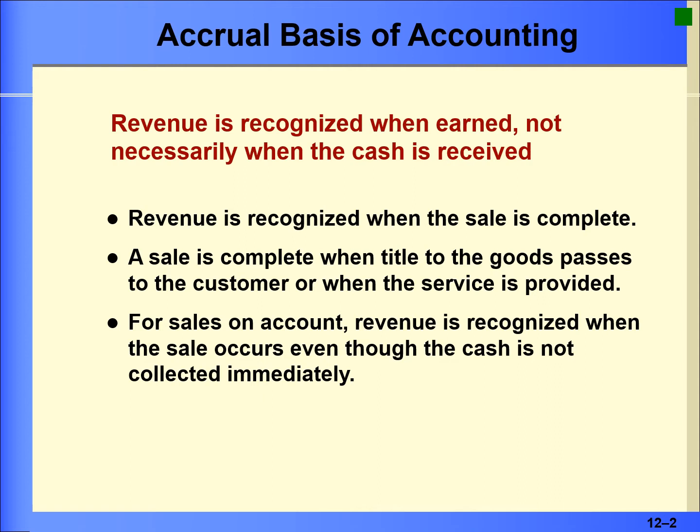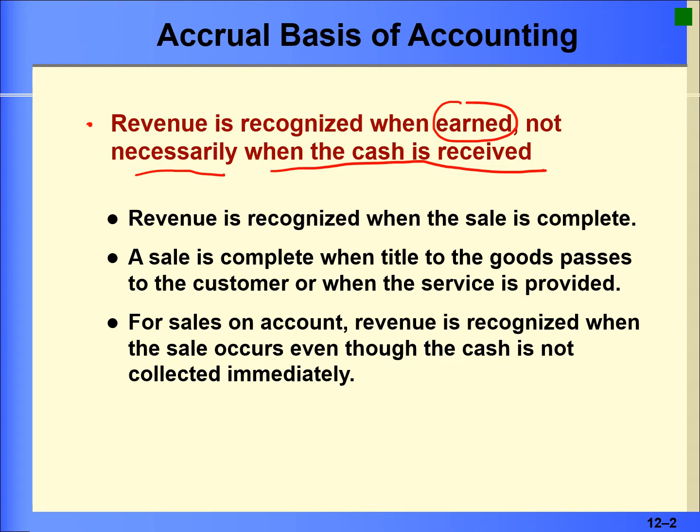In terms of looking at the accrual basis of accounting, we start with the question of when is revenue recognized. Revenue is recognized when it is earned. Notice it says when earned, not necessarily when cash is received. Yes, you could recognize revenue when you receive the cash, but you don't have to.